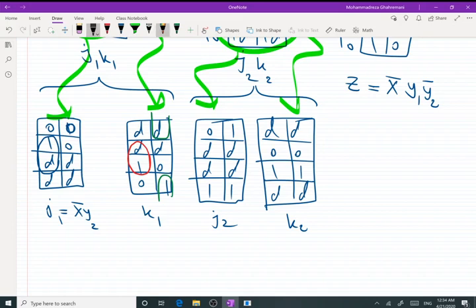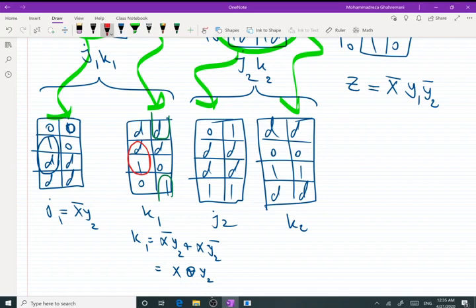So K1 is equal to x bar y2 plus x y2 bar, which is x XOR y2. So this one is K1, sorry, not K2.